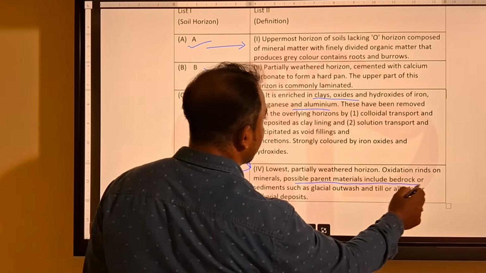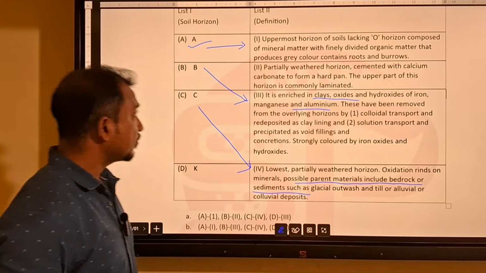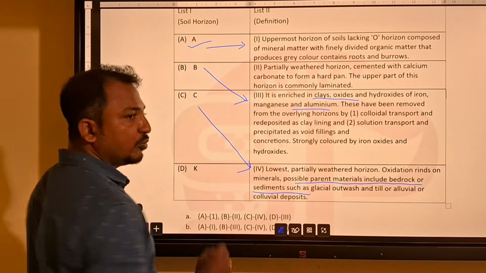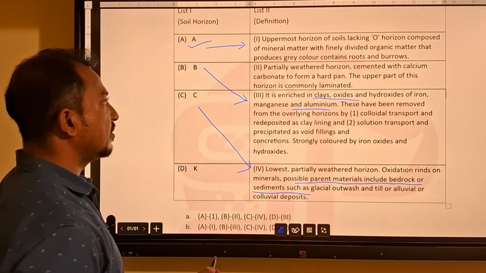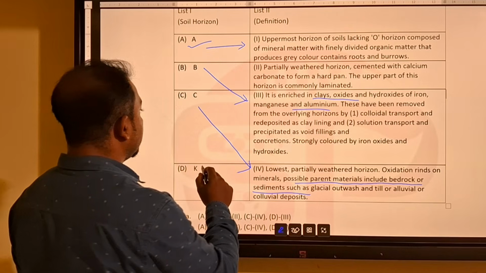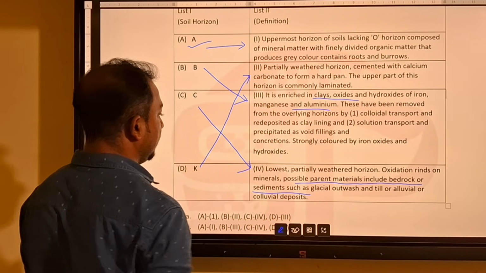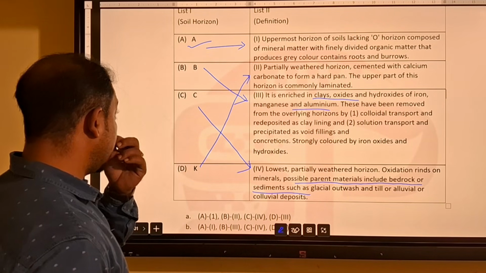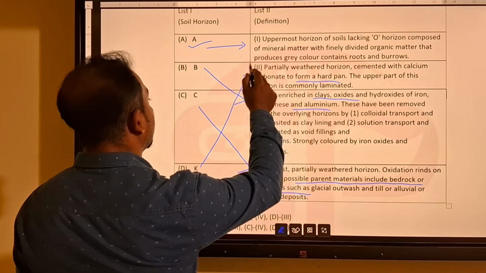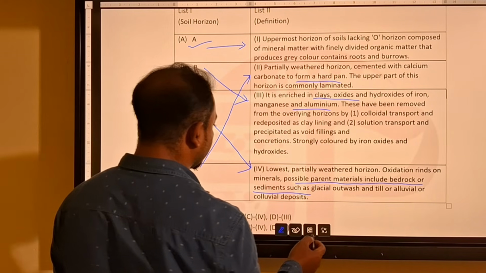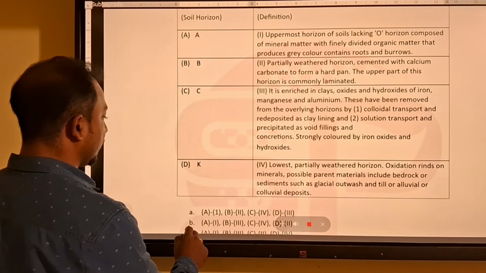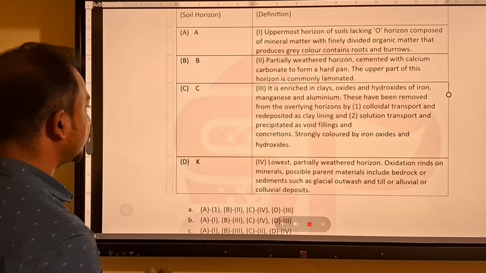Possible parent material includes bedrock and sediments. That is the C layer. Then K is mostly another sublayer which is potassium rich, a partially weathered horizon cemented with calcium carbonate hard pans. This is your K layer. So the answer will be B.